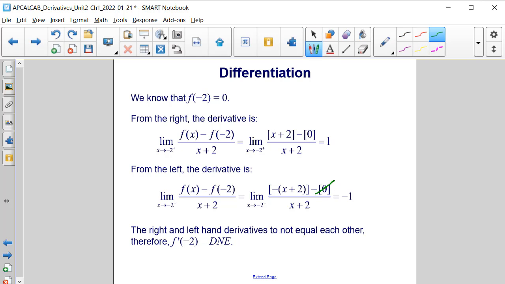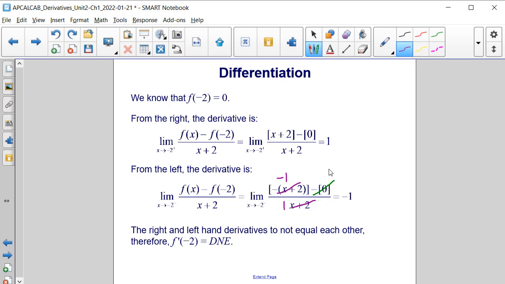Well, we can ignore the 0, and then we have the same factor, x plus 2, in both the numerator and denominator, so those can cancel each other out, and we're left with negative 1 over positive 1, which equals negative 1.